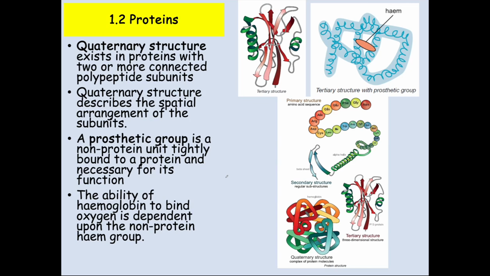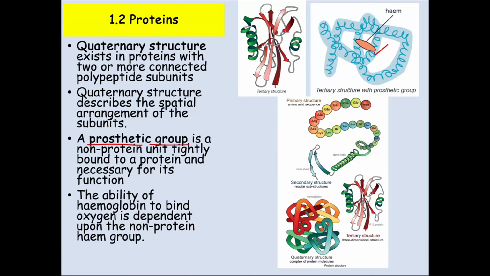Now, sometimes within a series of subunits like this, we have something that's known as a prosthetic group. Well worth remembering that term because it comes up a wee bit. A prosthetic group is a non-protein unit, and it's tightly bound to a protein and necessary for its function. Probably the most common example of that is the heme group, which is part of the hemoglobin structure. And the heme is necessary.